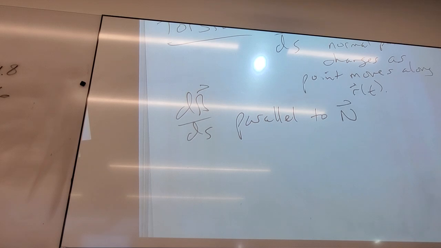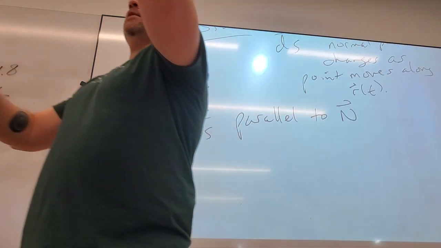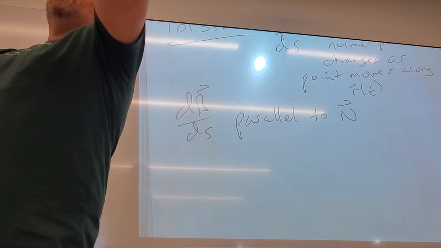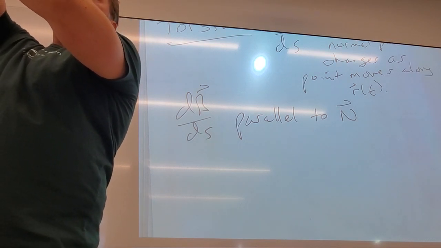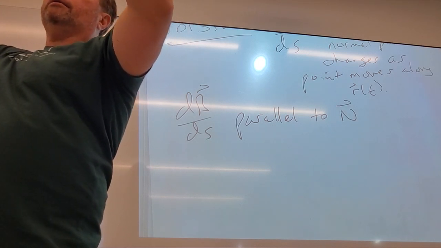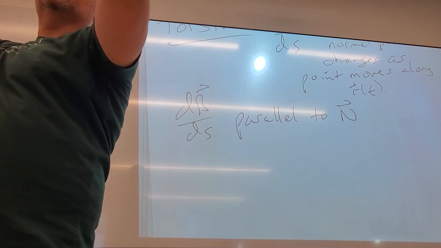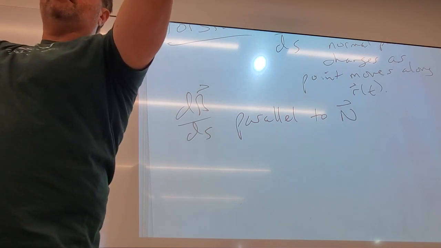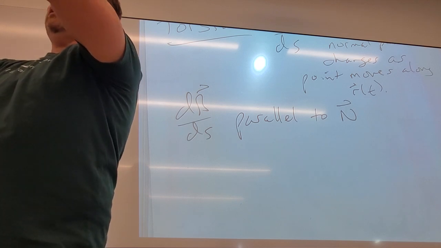Now, if you think about it, r and r prime are sometimes perpendicular, right? B and N are already perpendicular to begin with. So dB/ds points in the direction that B is changing. It's going to end up being parallel to the normal vector.